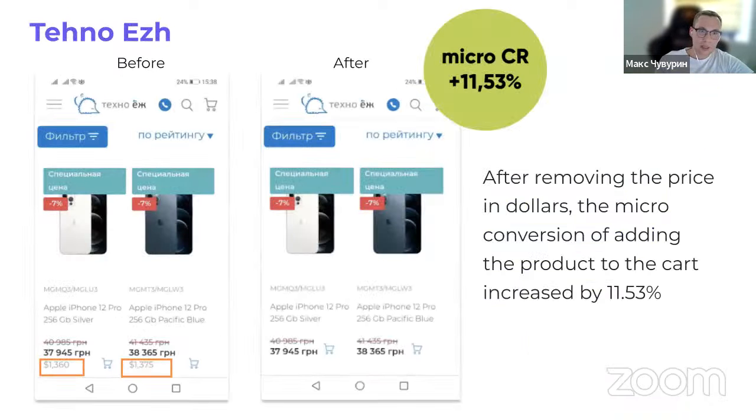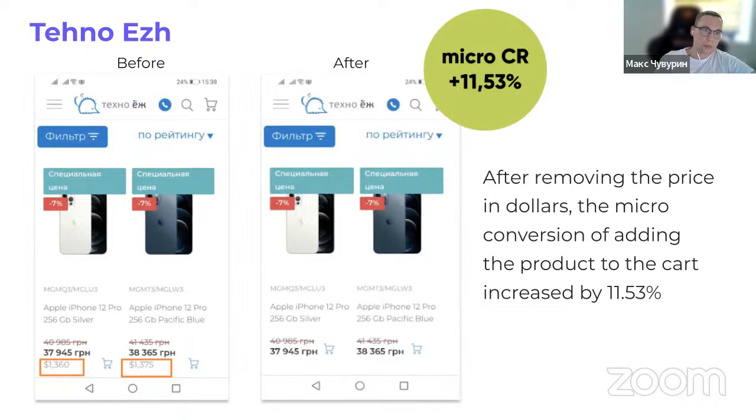Well, here is an example of how you can influence micro conversion. That could also give you some really good numbers. On the product list in this example of our Ukrainian market shop, there were two prices, in hryvnias and dollars.